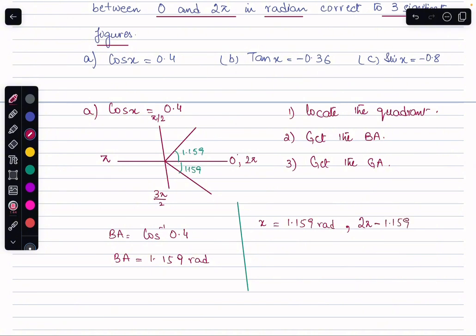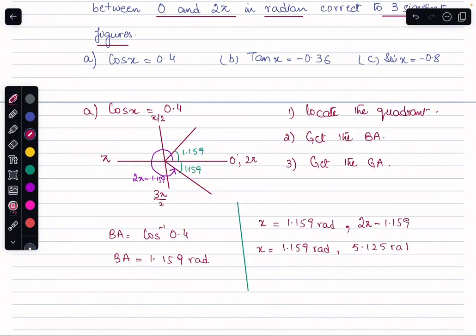Meaning in the fourth quadrant, it's starting from 0 up till the line. It's a little behind 2 pi, so I'll say it's 2 pi minus 1.159. That will give me 5.125 radian.